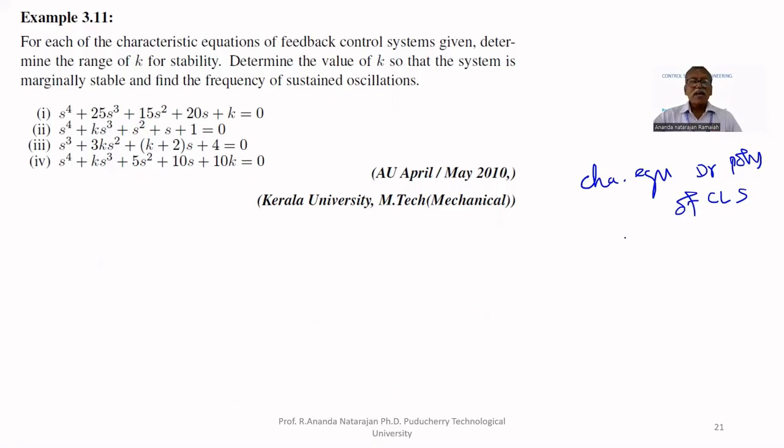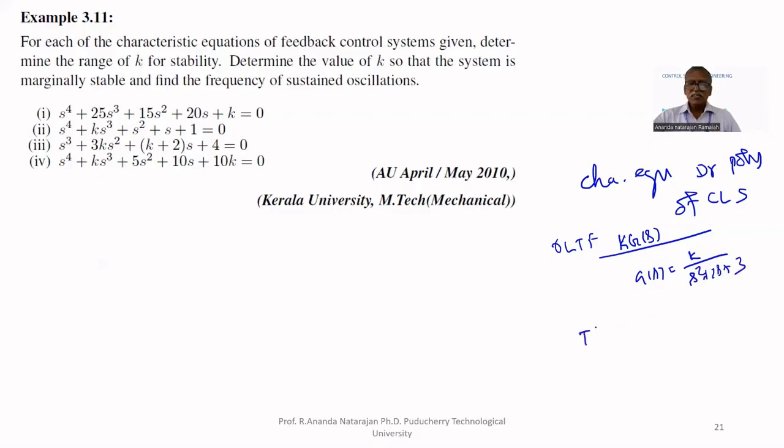Here, suppose I have kG(s), that is the open loop transfer function. The open loop transfer function is kG(s), or G(s) equal to k upon s square plus 2s plus 3. Let us assume this way.